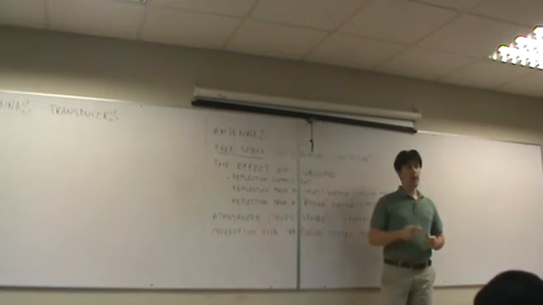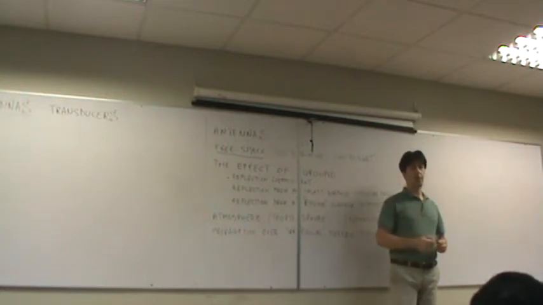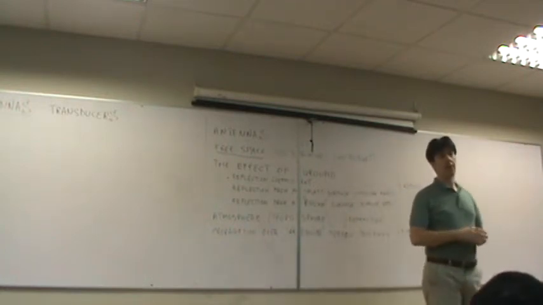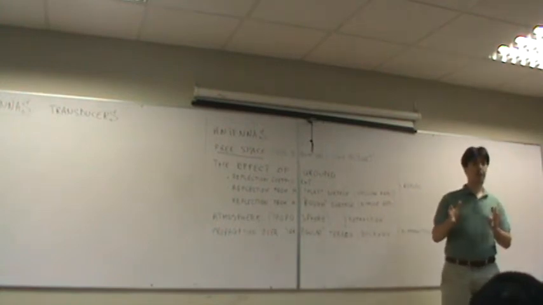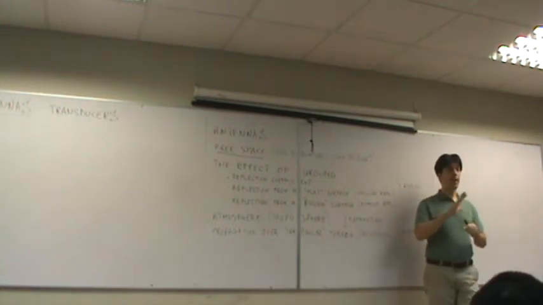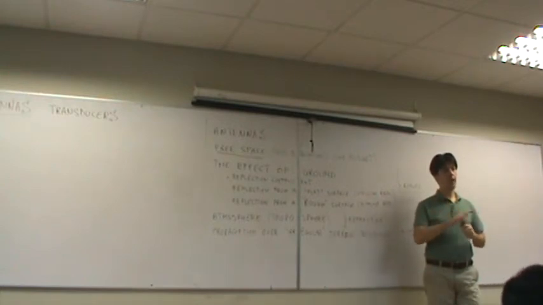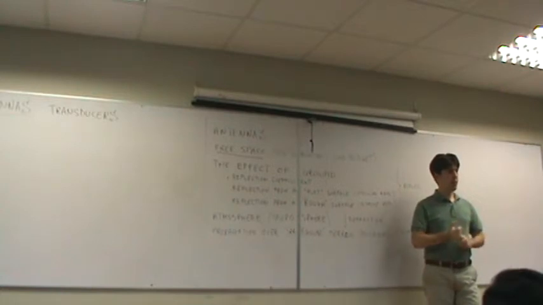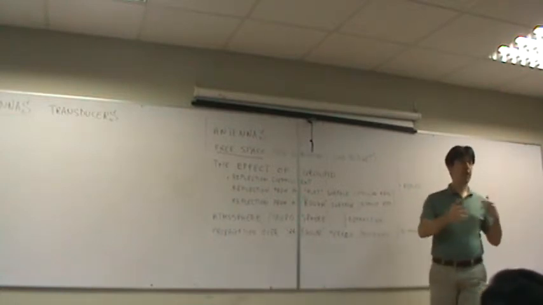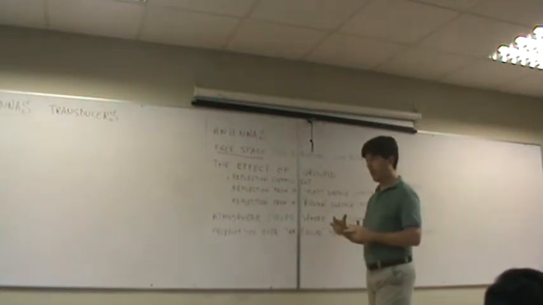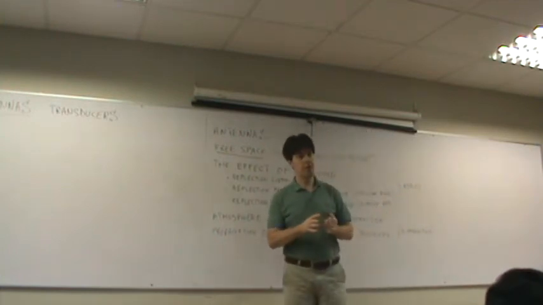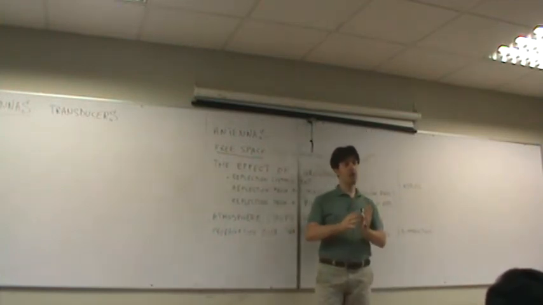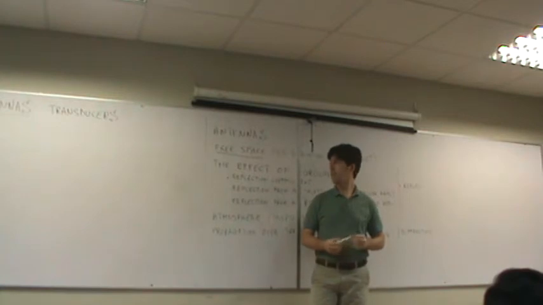For example, if you take a microphone and speak into it, the microphone is a transducer because it converts the mechanical energy of the pressure waves into electrical signals. The loudspeaker is a transducer because it does the opposite conversion. It converts electrical energy into mechanical energy.